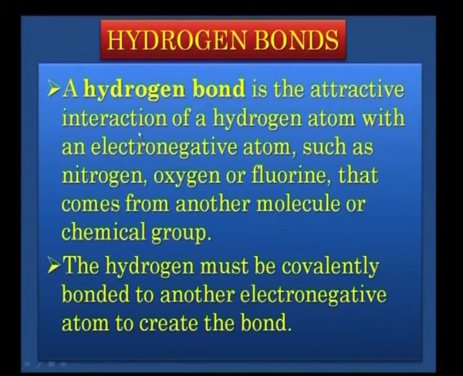The term hydrogen bond arises because a hydrogen bond is the attractive interaction of a hydrogen atom with an electronegative atom such as nitrogen, oxygen, fluorine. You can have H N or oxygen H2O, right, hydrogen fluoride, that comes from another molecule or chemical group. Therefore, you can have HCl, right, hydrogen. So, one will be electronegative, and hydrogen, remember, is electropositive, it is in the periodic table on the left side.